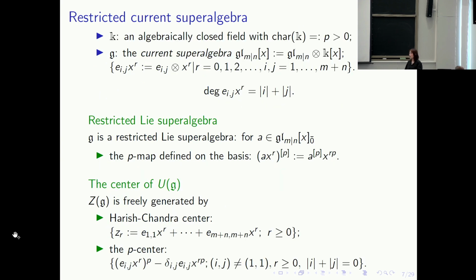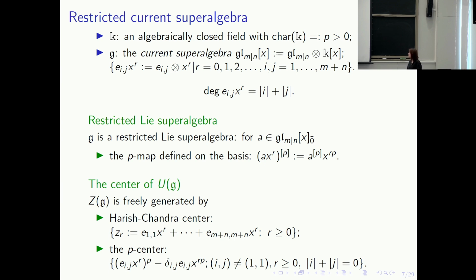Now I will introduce some notations. In my talk, K is always an algebraically closed field with characteristic p, where p is bigger than 0.